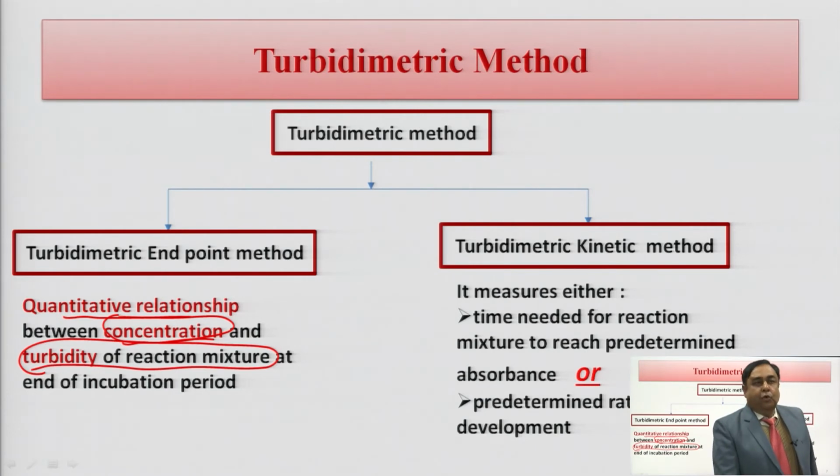Therefore, by noting the turbidity of the reaction mixture at the end of the incubation process, you are in a position to tell how much amount of endotoxins are present in the preparation.